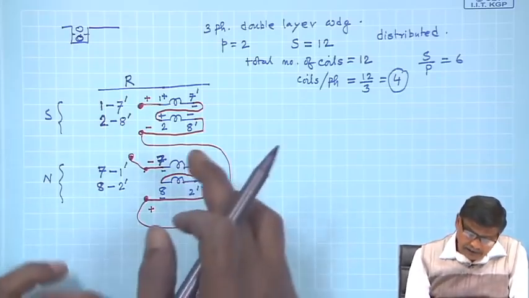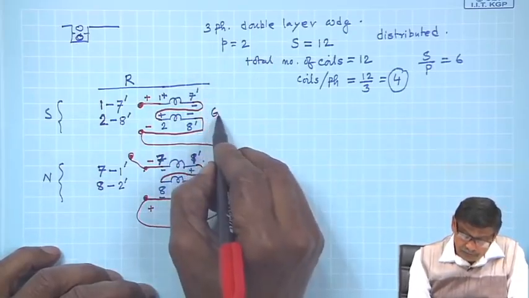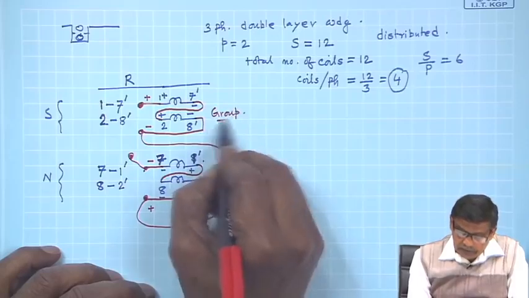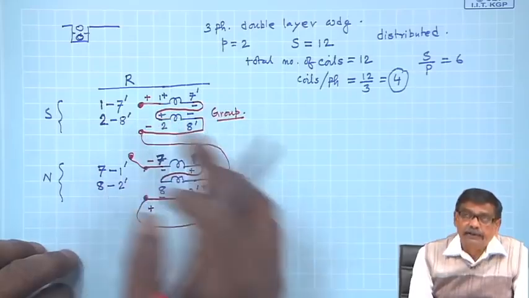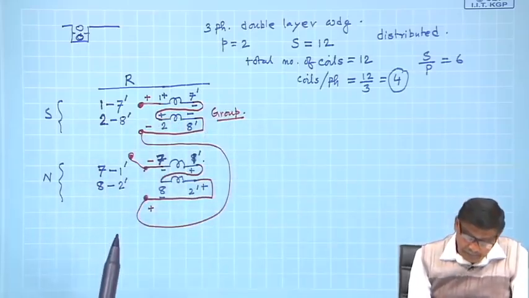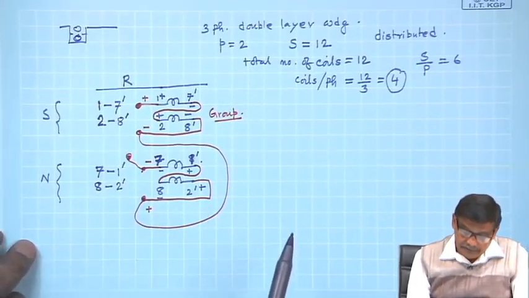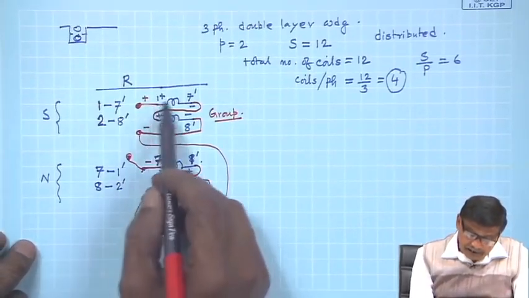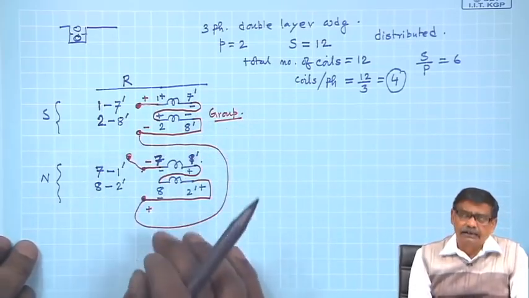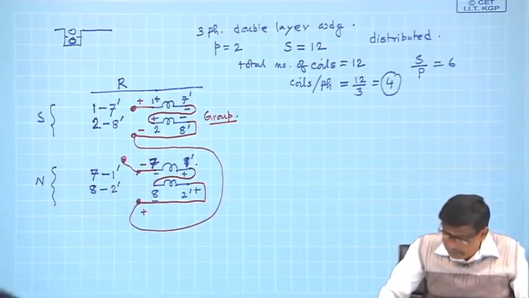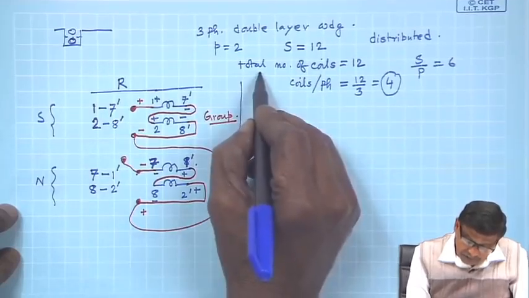So, first of all there are 2 groups of coils, these are called groups. In a group, some coils will be connected in series, that takes care of the distribution of the coil, and under each pole it will be like this for R phase. So, while connecting this you should be careful. I will explain it with a phasor diagram also slightly later, but let us complete what is going to happen to Y phase.